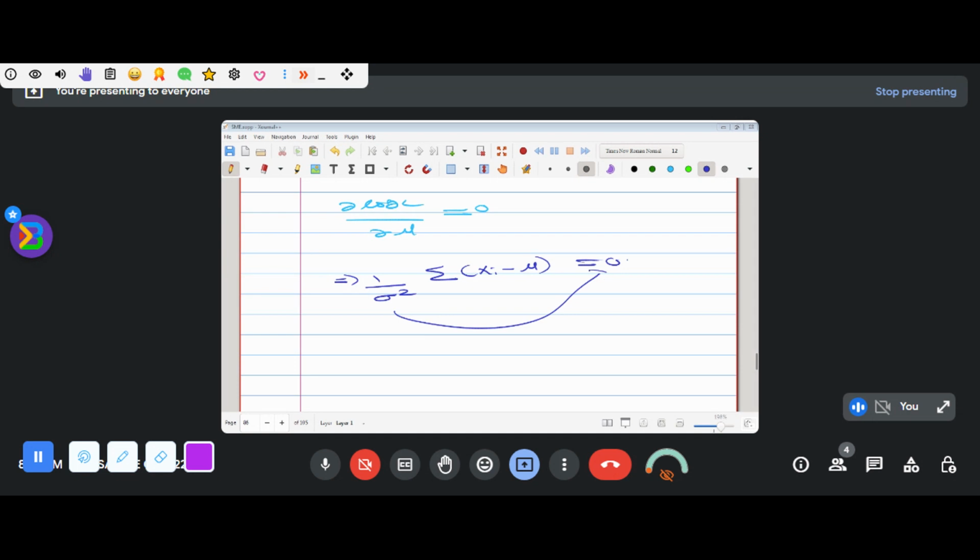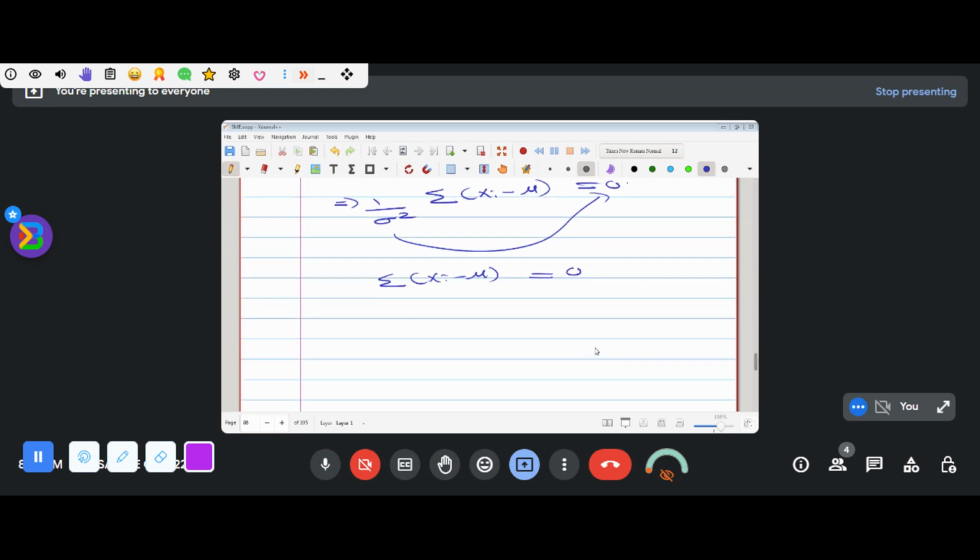Cross multiplying, summation (xi minus mu) equal to 0 into sigma squared, which is 0 only. Now taking the summations separately: summation xi minus summation mu equal to 0.